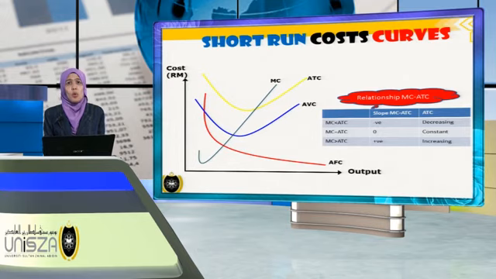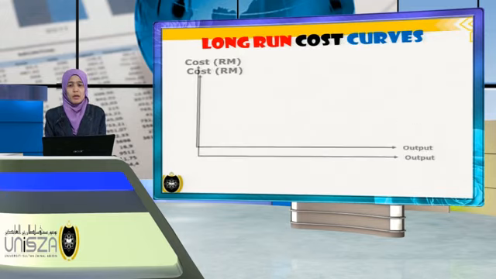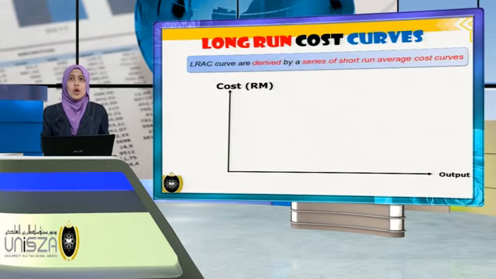Then, when marginal cost is greater than ATC, average total cost is increasing. And the last one, when marginal cost is equal to average total cost, marginal cost causes the average total cost to be minimum. Now we move to cost in the long run.